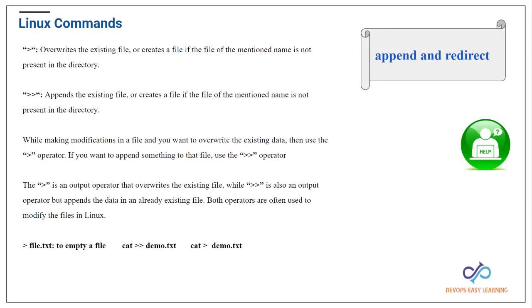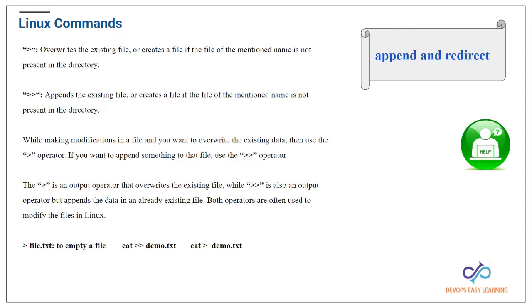When you are using append, if the file exists, Linux will take whatever you want to add and add it at the end of the file. If the file does not exist, it will create the file and put the content in. If you are using redirect, and the file does not exist, redirect will create the file and add the content.